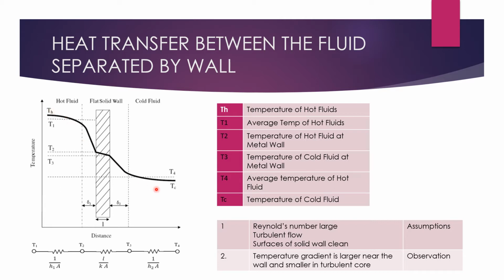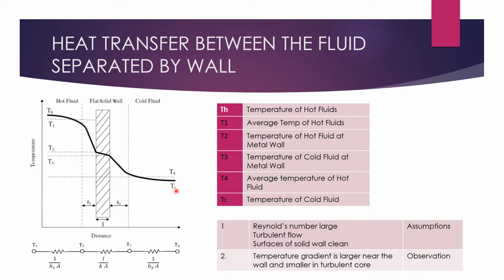Now, for our convenience, we will take the average temperatures of the hot fluid and the cold fluid, that is T1 and T4. T1 is the average temperature for the hot fluid. It is slightly less than the actual temperature. T4 is the average temperature for the cold fluid.